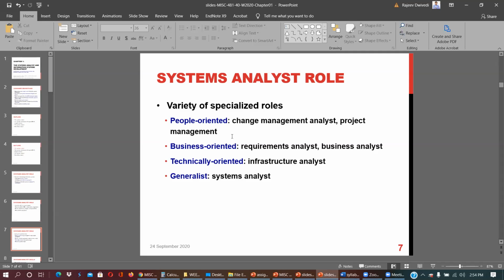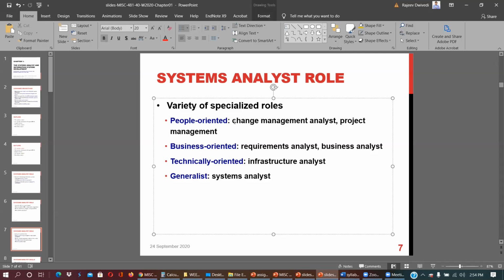Whenever we implemented e-government systems, people showed a lot of resistance, and they complained this system is garbage, this system doesn't work, this is not familiar, many things. So basically, the system analyst has to play the role of change management analyst.